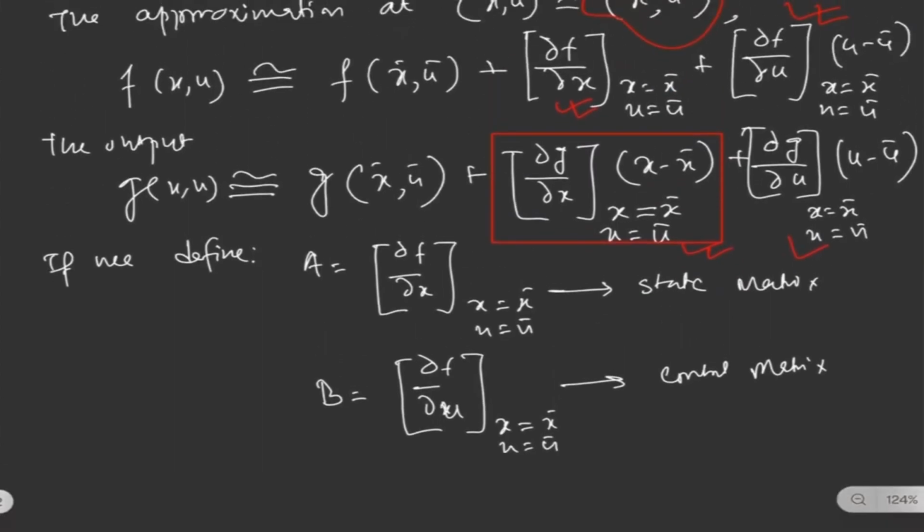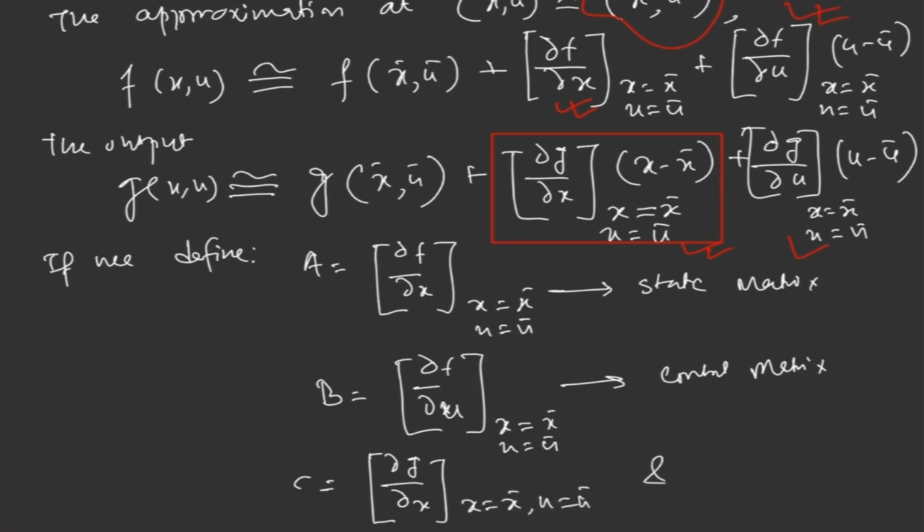So here we define C as dou z dou x at x bar, u bar, and D we can define as dou z dou u at x bar, u bar. So these are basically the matrices for the output equation.